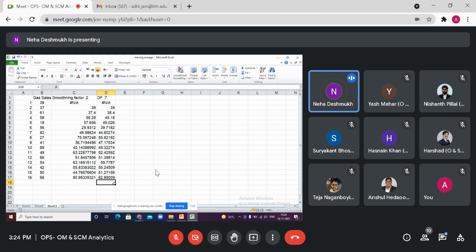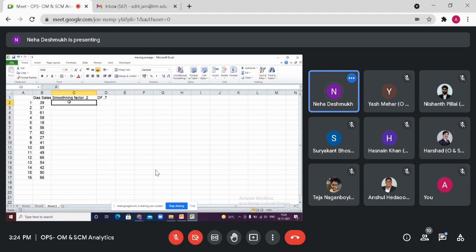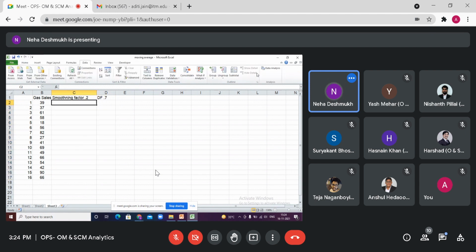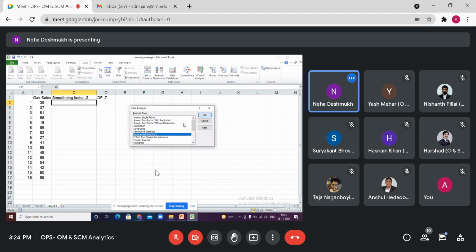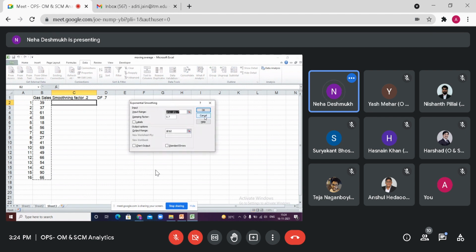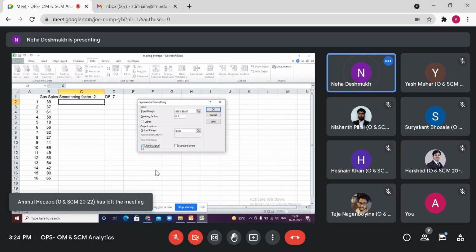Let's repeat. Data, data analysis, exponential smoothing. Okay. Input, damping factor 0.2, right? Output range and chart output. Click here. Okay.